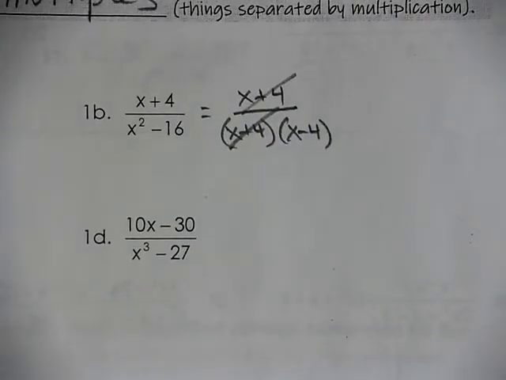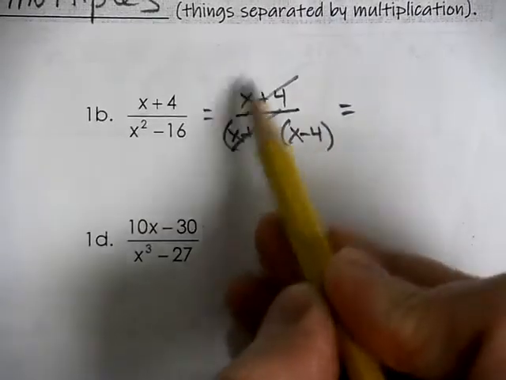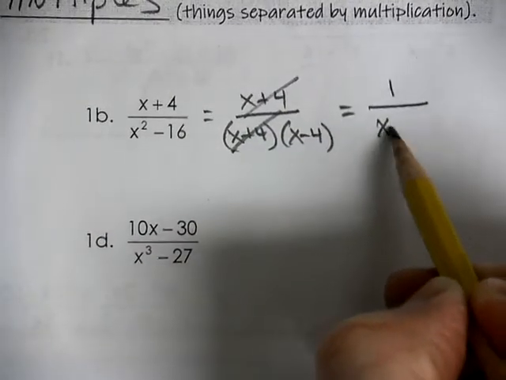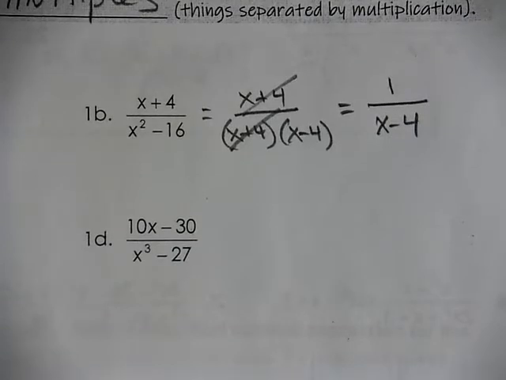We would factor. We would cross off our common multiples. If everything crosses off on one side or the other, we still represent that with a 1. Specifically, the numerator.